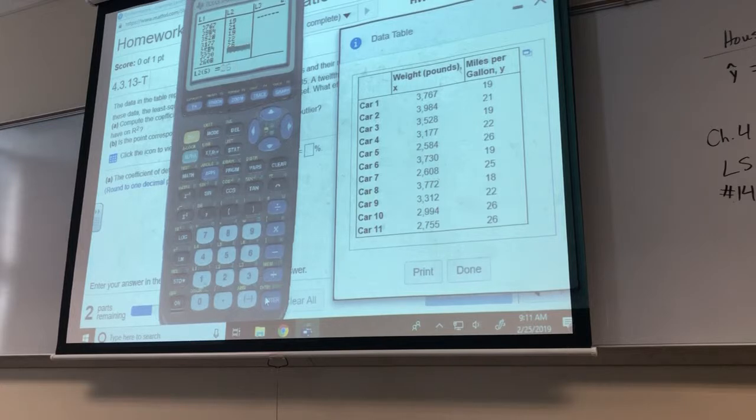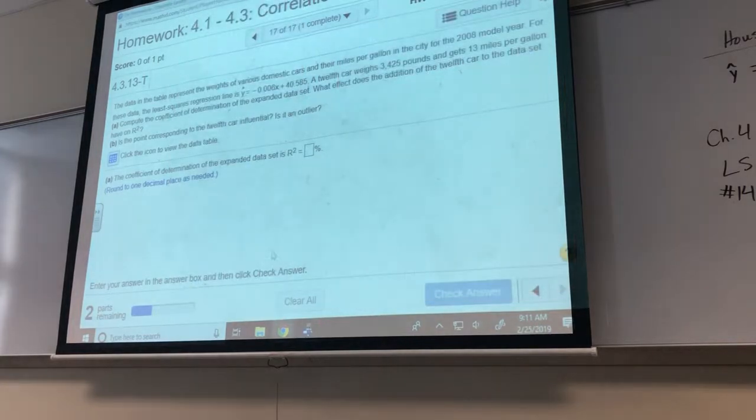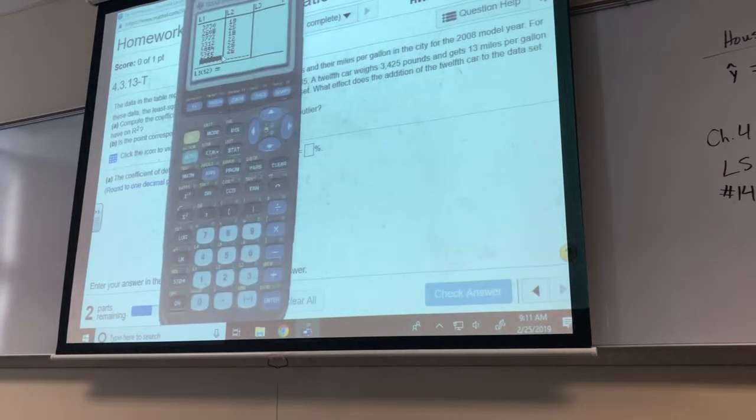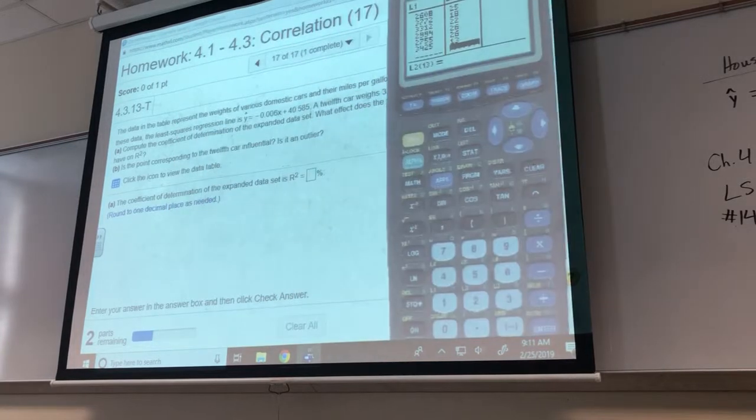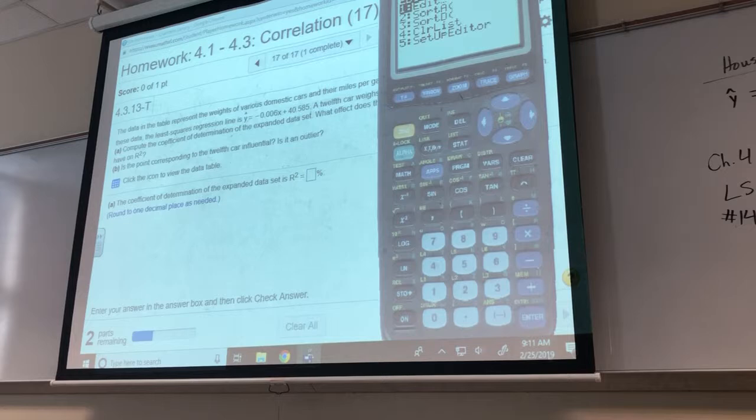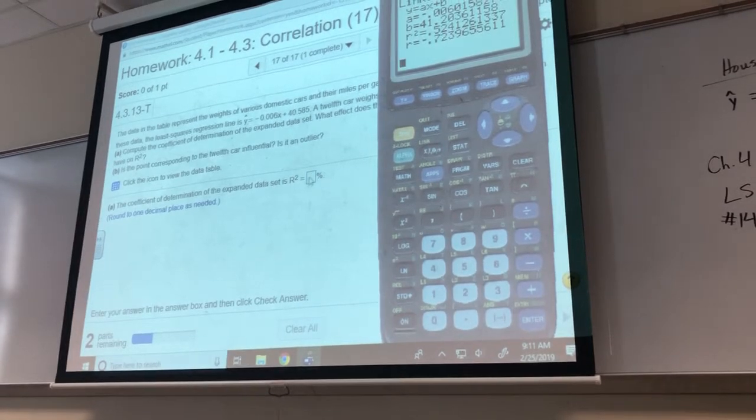Now I have another one. I'm adding a 12th car that's 3.42 and 13. Now everything's the same length, and I'm going to find my new coefficient of determination, so I'll go to Stat, Calc, Linear Regression, to get my R squared, which is 0.524. They want me to write it as a percent, so I'll move the decimal over and I get 52.4.